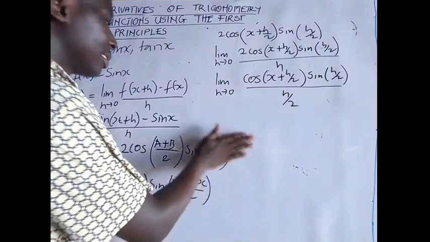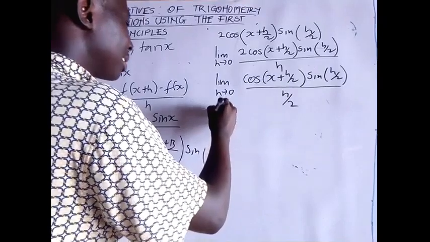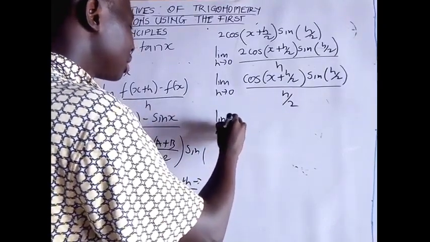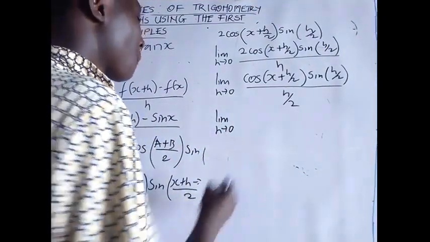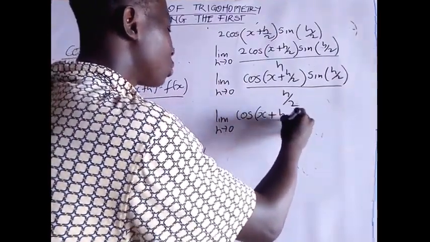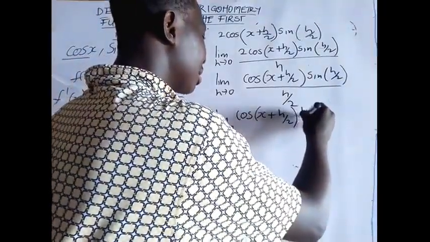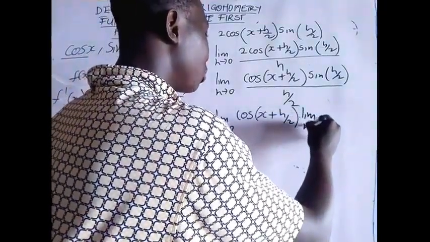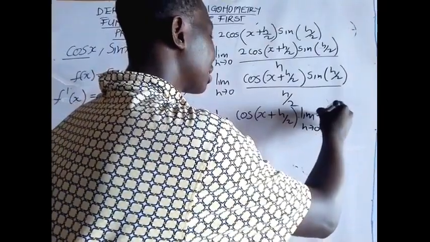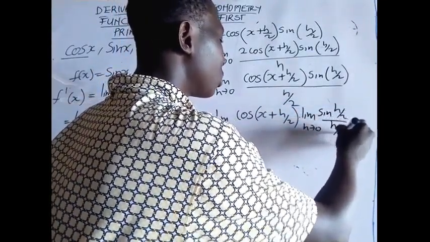And then we can write this as the limit as h approaches 0 of cos of (s plus h) over 2, times the limit as h approaches 0 of sine of h over 2 over h over 2.